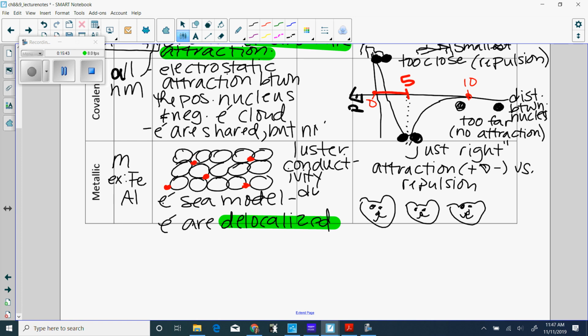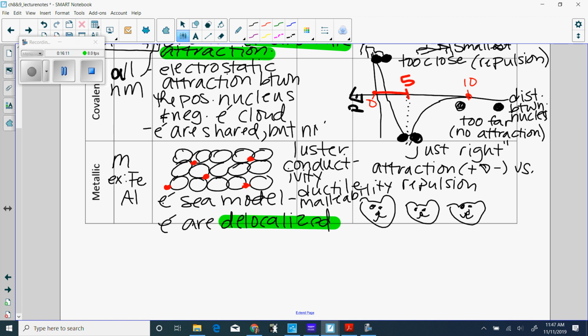We can draw them into a wire, called ductility or ductile, and we can pound them into sheets. That's called malleability. Because the electrons aren't stuck, if I squish them, everybody just gets out of the way. They can move out of the way. Okay? Those properties are due to the delocalized nature of electrons in the electron sea model of metals.